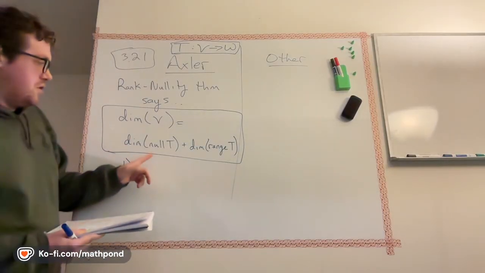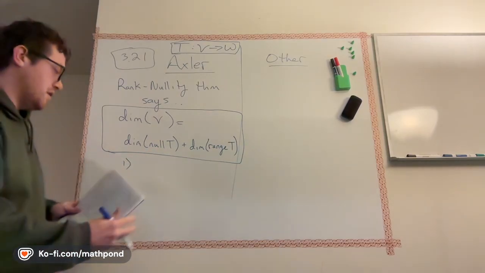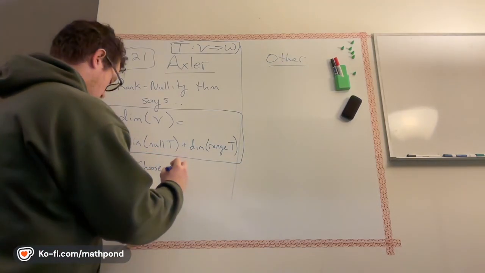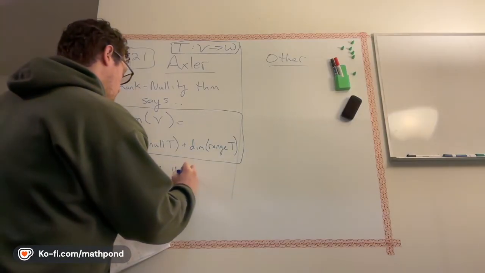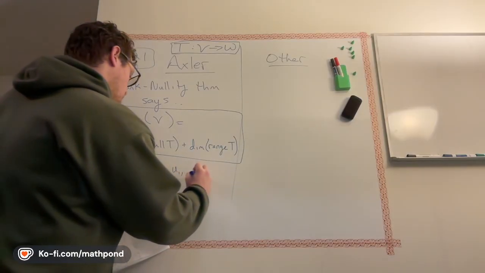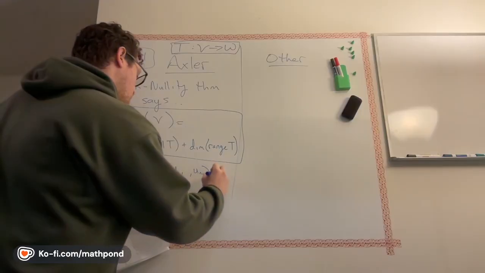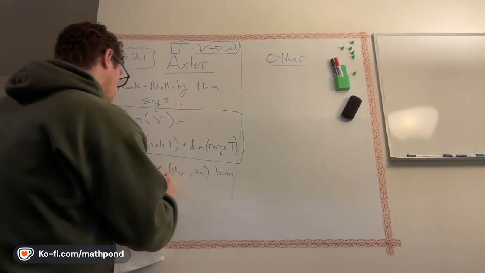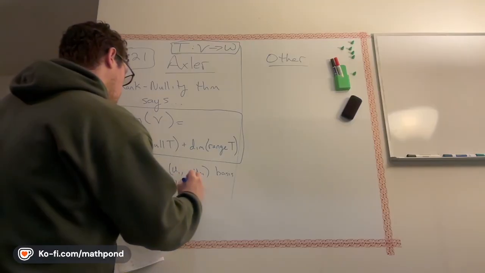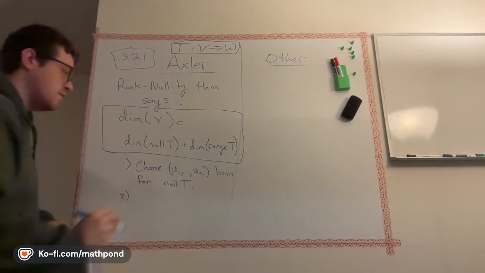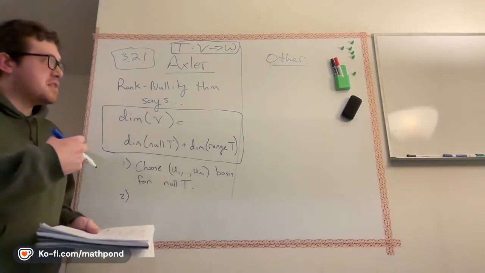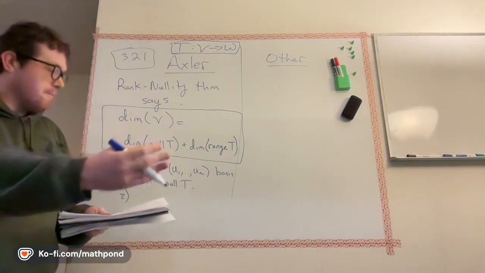So he first chooses a basis for the null space of T. Then he extends it to a basis for all of V.